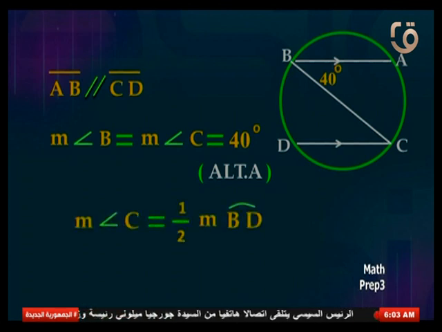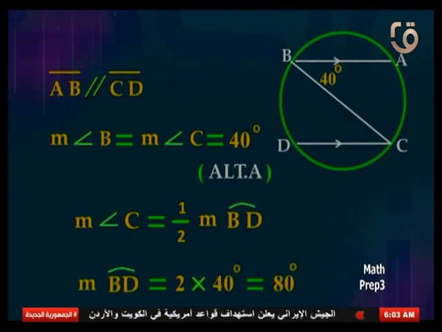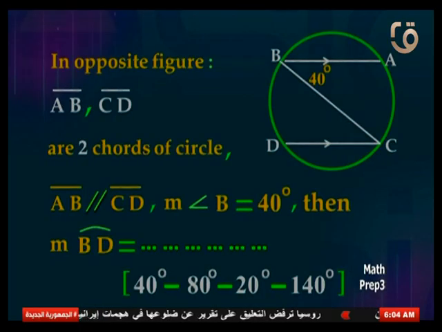So we can say that measure angle C equals half measure BD arc. This means that measure BD arc will be twice measure angle C. So it is 2 multiplied by 40 to obtain a result as 80 degrees. Then we are going to choose 80 degrees, which is going to be the second choice.